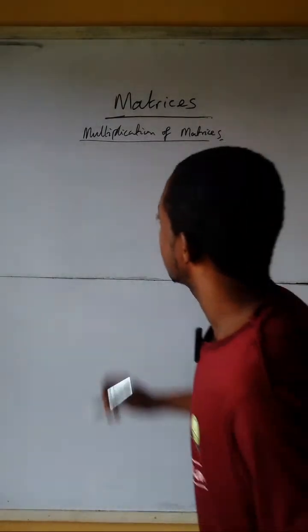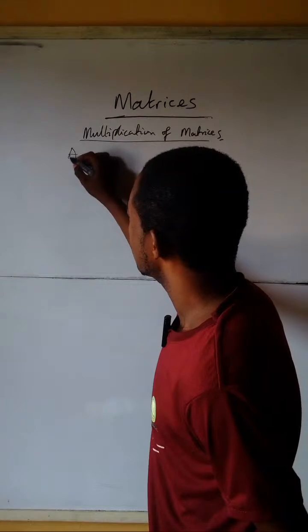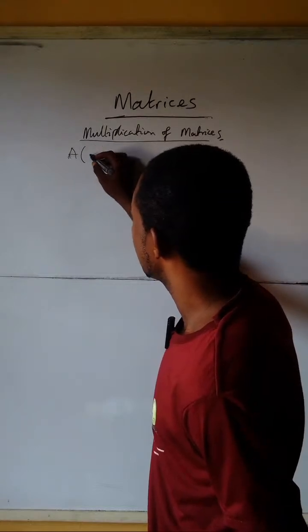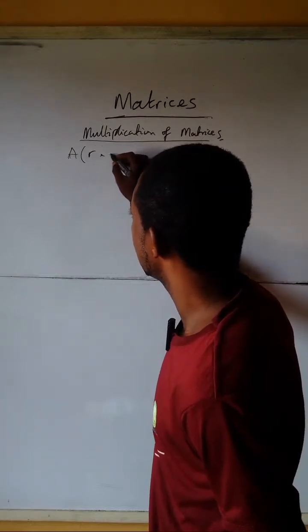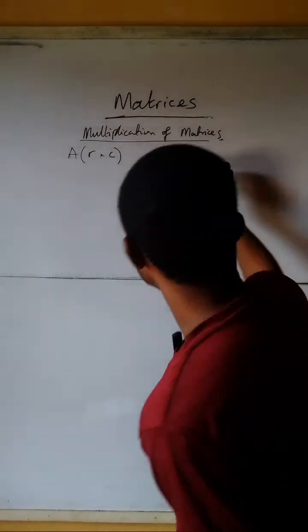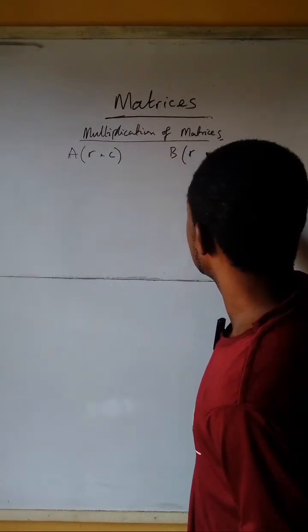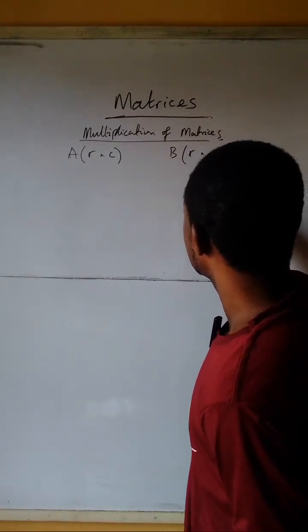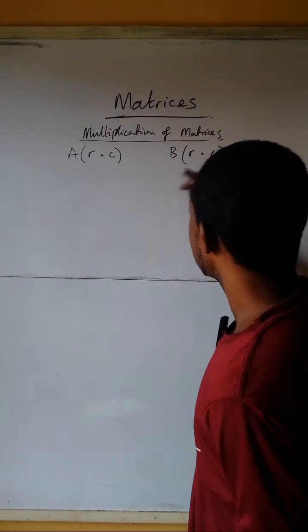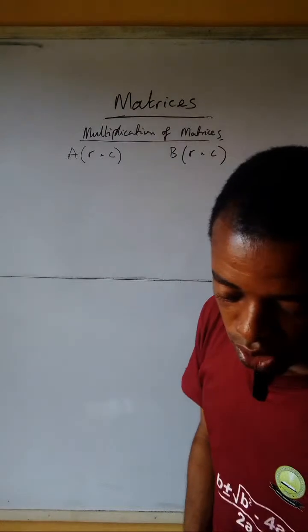Now, don't forget that a matrix A has an order, which is row by column. Then also matrix B, we also have an order, which is row by column. So row by column, because in the ordered pair arrangement of a matrix, row comes first before column.